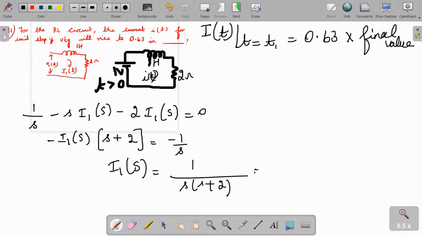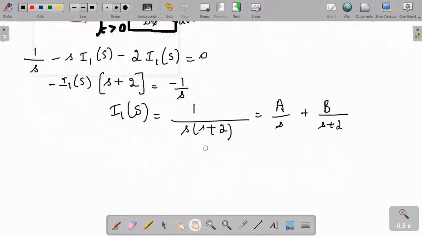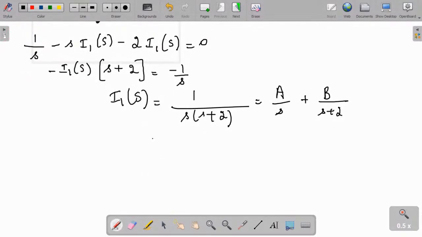Right, by partial fraction find I of t. So a by s plus b by s plus 2. So what do you get? 1 will be equal to a into s plus 2 plus b into s, divided by s into s plus 2.